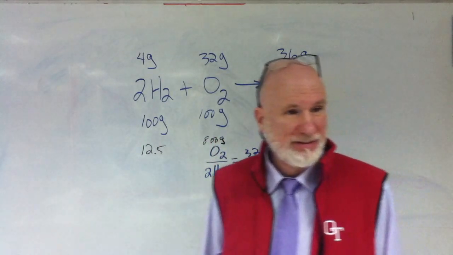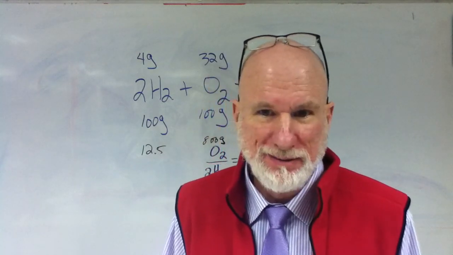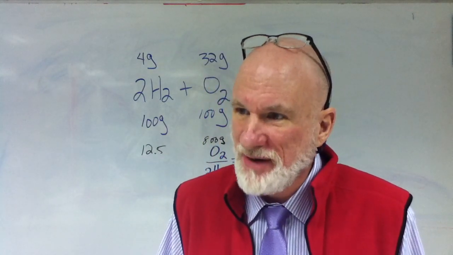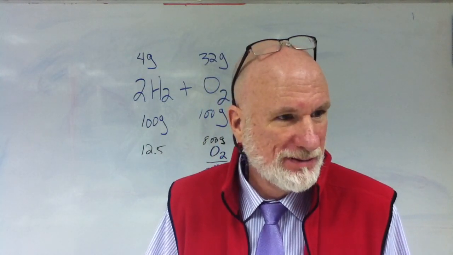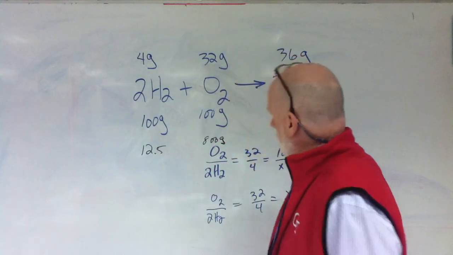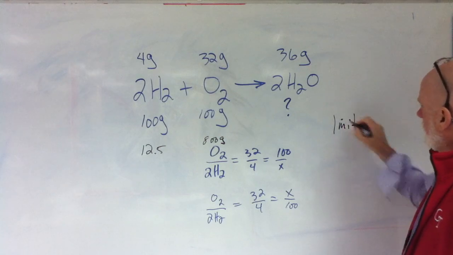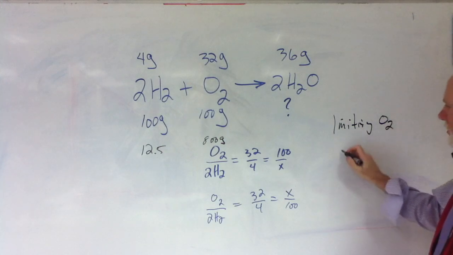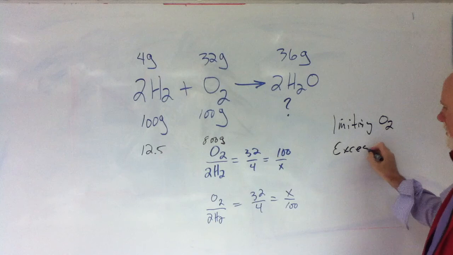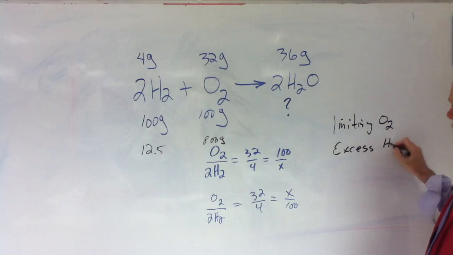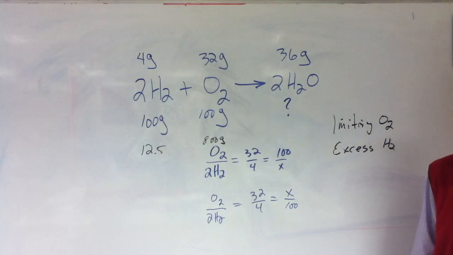Do I have 800? Nope. So what's going to be limiting? Oxygen, the one that you don't have enough of if you burn the other one. So limiting is going to be O2, and excess is going to be H2. Clear? Easy? So far so good?